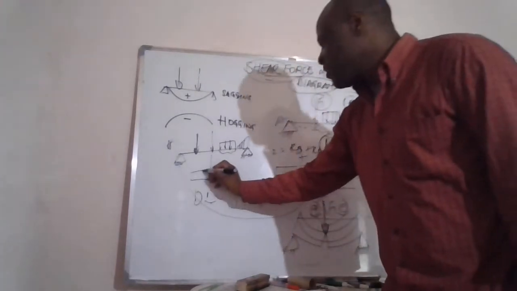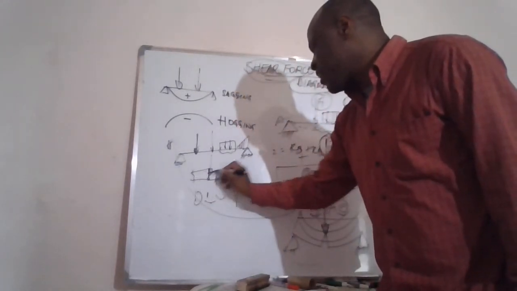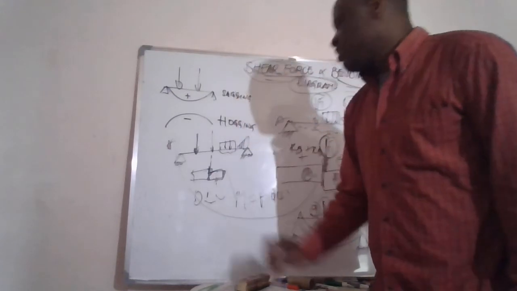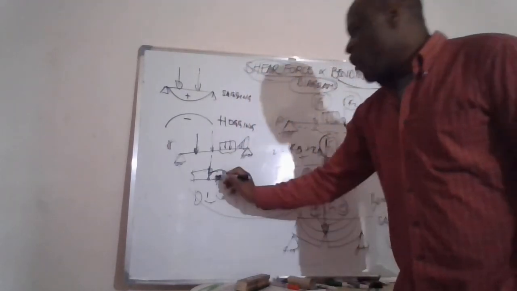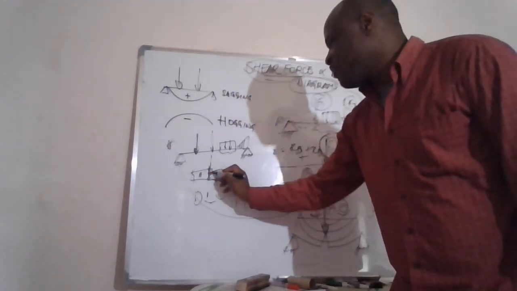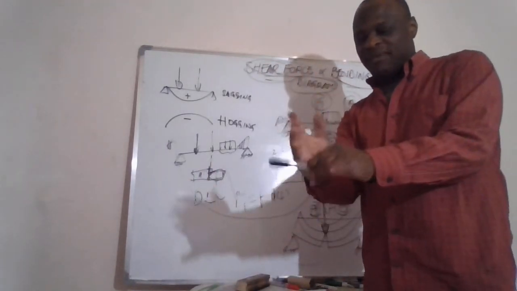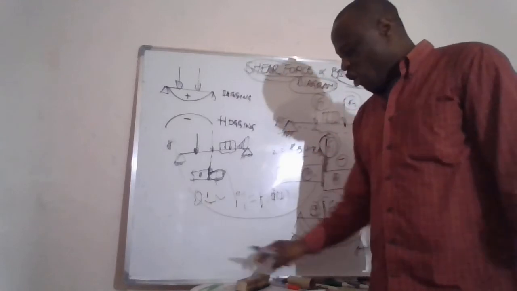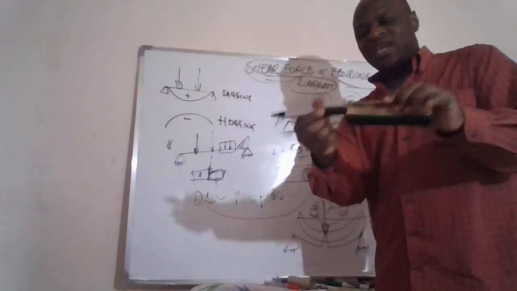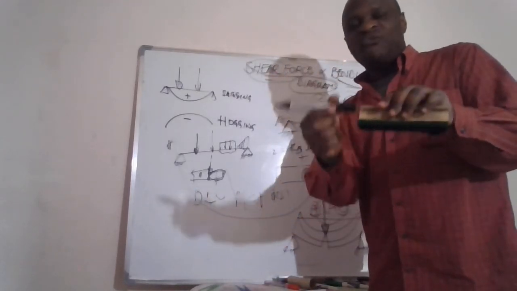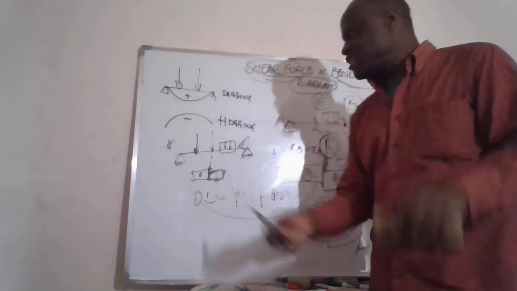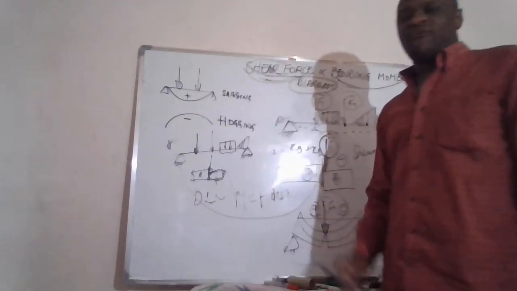And when the beam is failing by the cutting force, one portion will slide over the other one. As the portion that is being cut off from the beam slides over the other one, we say there's a failure of the beam taking place due to shearing off.